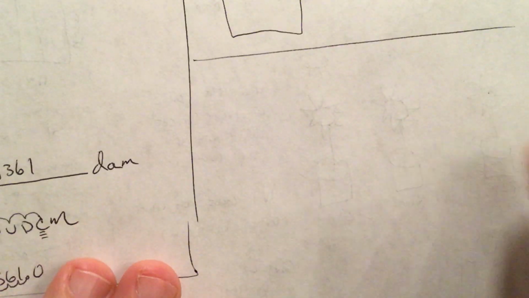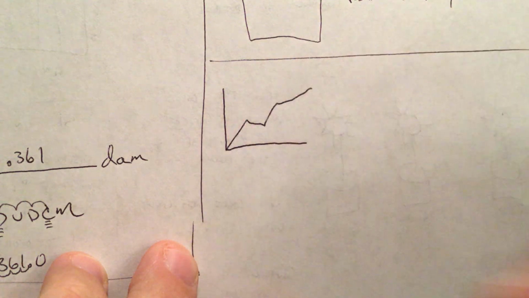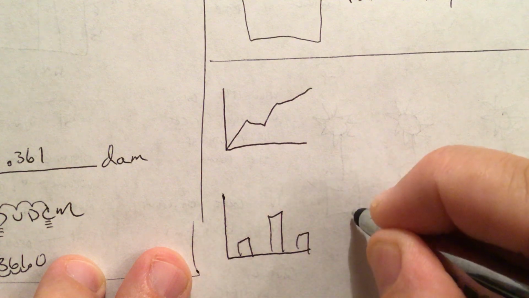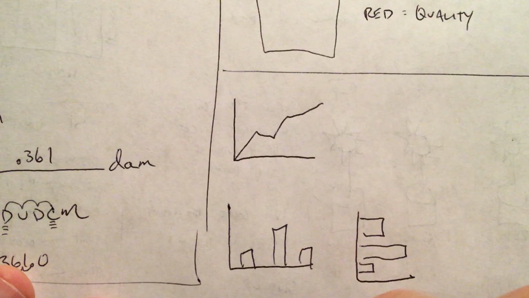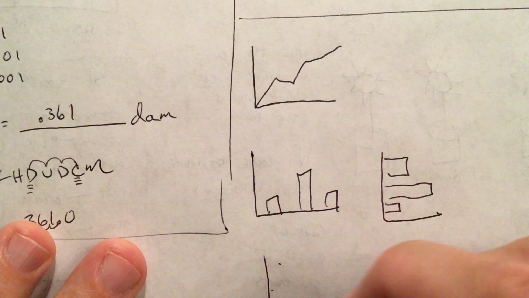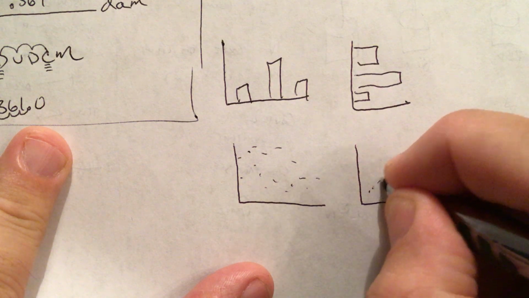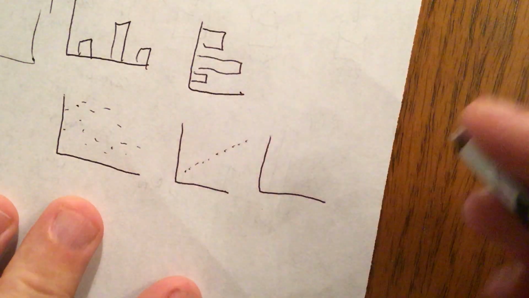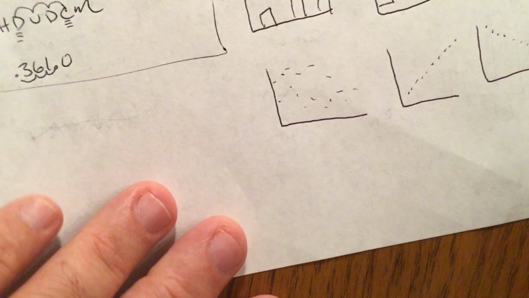You also need to know about different kinds of graphs, like the line graph, the bar graph, which can go two ways. The scatter plot. Scatter plot can have a positive trend or a negative trend. Positive relationship, negative relationship.